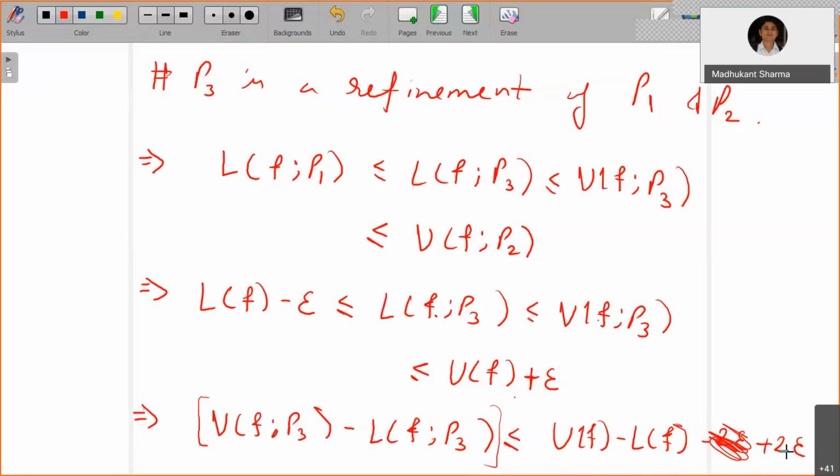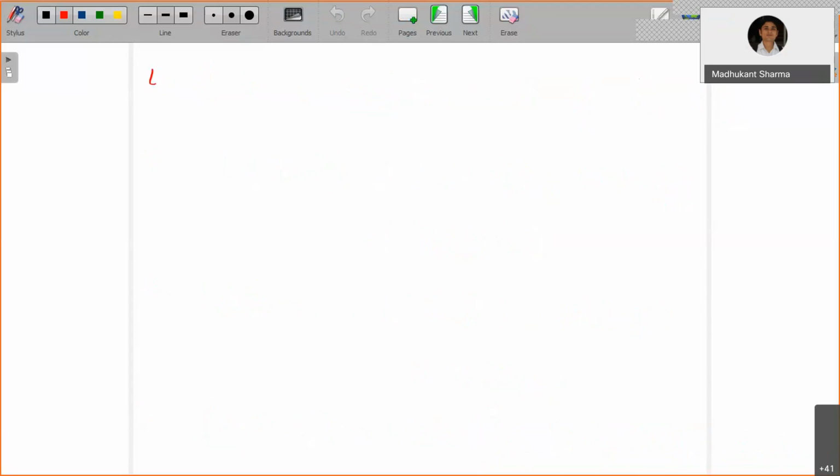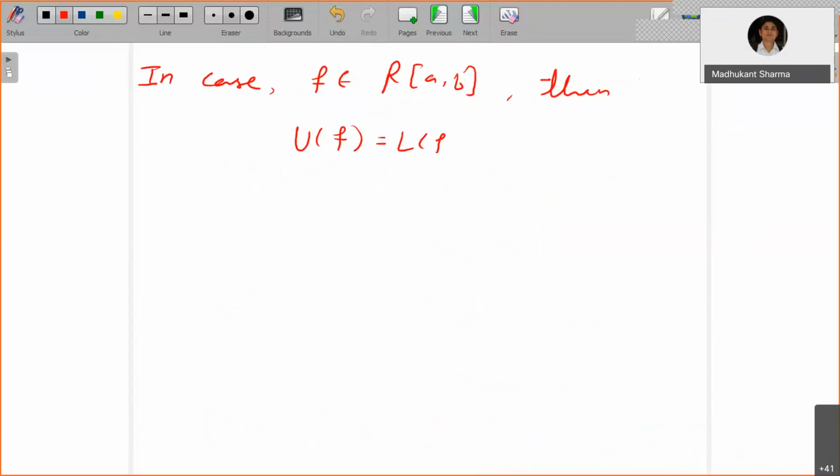This is true for every epsilon bigger than 0, and for every epsilon you will be able to get the partition P. So in case f is Riemann integrable, then you have U of f equal to L of f.